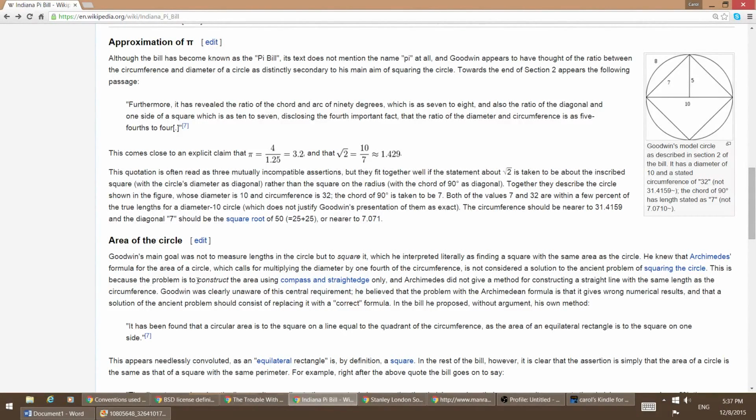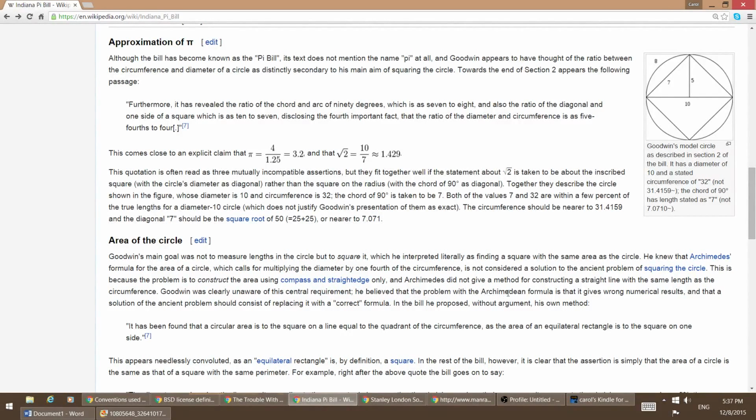This is because the problem is to construct the area using compass and straight edge only, and Archimedes did not give a method for constructing a straight line with the same length as the circumference. Goodwin was clearly unaware of this central requirement.